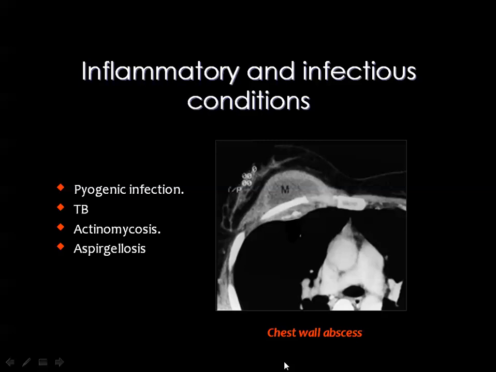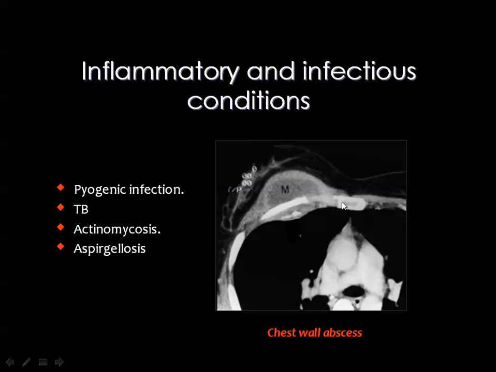Then inflammatory changes, like any other part of the body, will include pyogenic infections, TB, actinomycosis, aspergillosis, and any other organism. It will result in cellulitis and abscess formation, and this may be associated with osteomyelitis of the adjacent ribs or sternum.